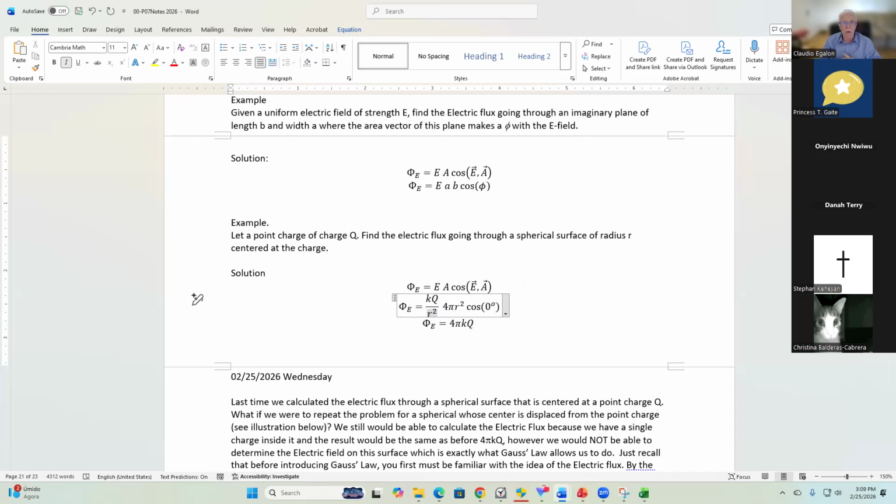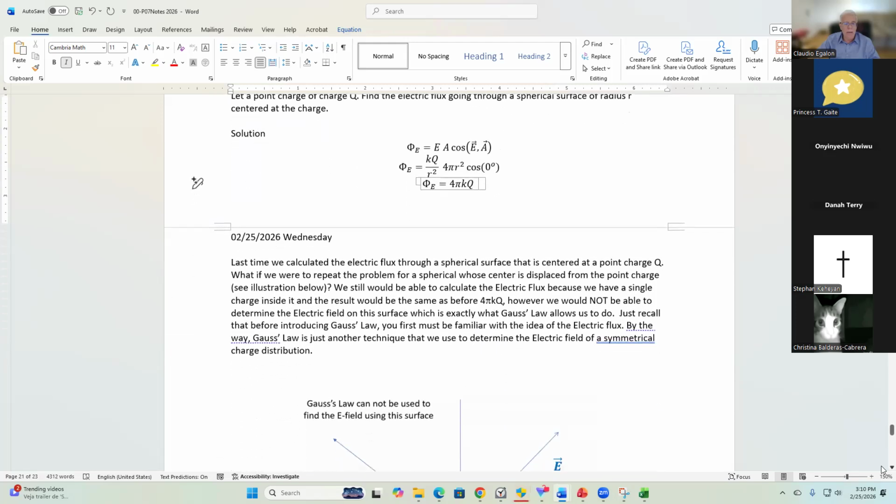That's what I want to point out to you all. And once you have kq over r squared, this r squared cancels out with the r squared, and the electric flux is just a constant. What we have here is the solid angle 4 pi, the solid angle around the whole space, and then k, the universal constant, and Q, the charge that's being surrounded by the imaginary surface.